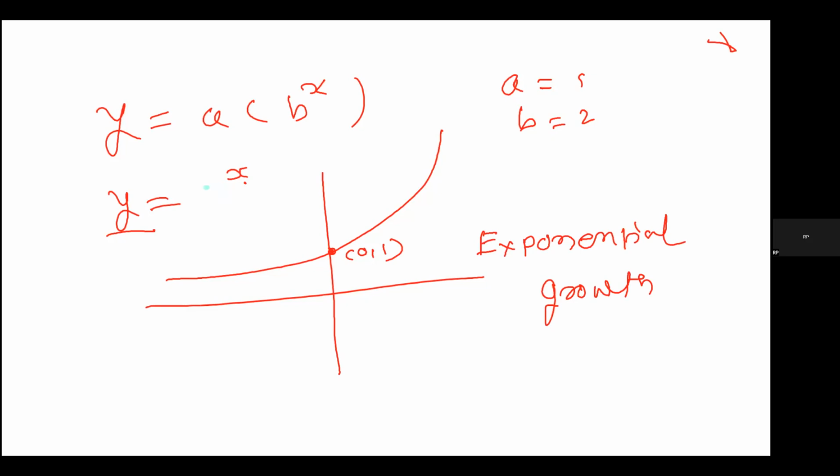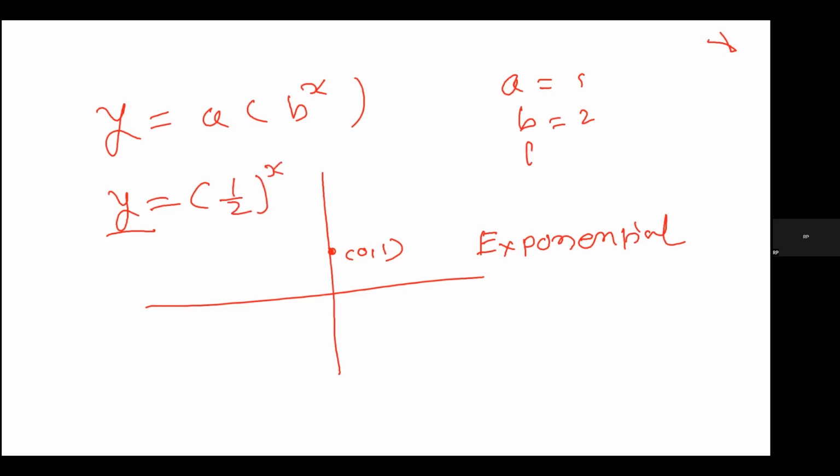So we'll remove this and put y equal to (1/2) to the power x. So b is now 1/2, and this will be exponential decay. Why is it called decay? Because the graph will go like this.